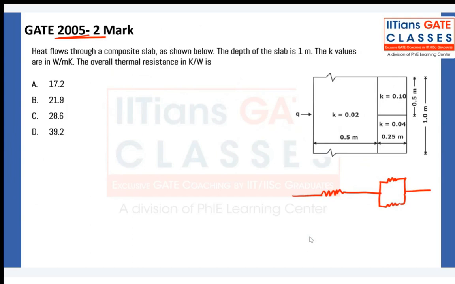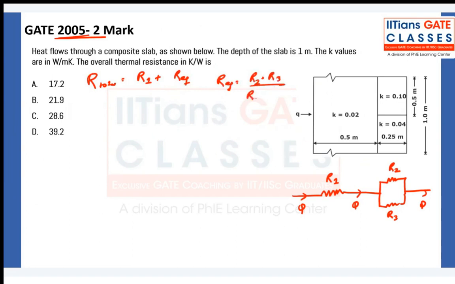Let's say this is R1, R2, R3, Q, Q, Q. So what is overall thermal resistance? Overall, that is total, is equal to R1 plus R equivalent. And what is R equivalent? R2 into R3 upon R2 plus R3.